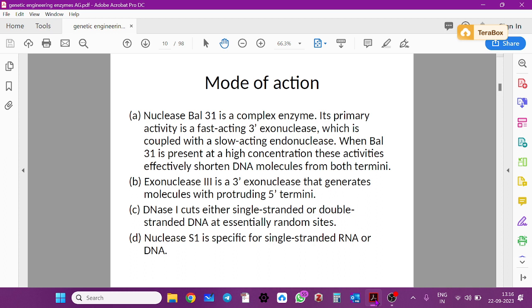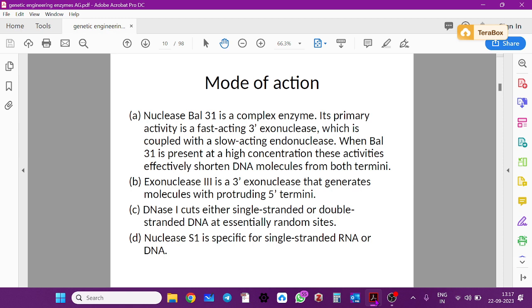I needed to shorten, say, a 100 base pair fragment by 20 base pairs. I keep it for 30 seconds. It's standardized, but somehow this was very difficult to control. So I need something where I know after 2 minutes this much amount is going to be digested. I need something very characterized. Former times they used it because it was isolated from a Bacillus strain.